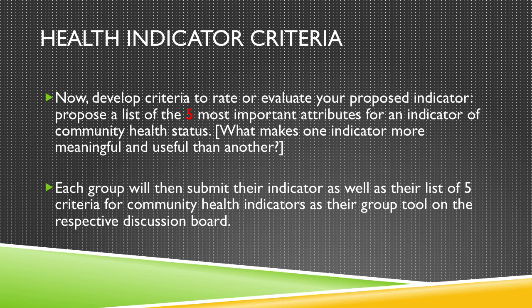Your tool is the indicator that you've come up with, along with your list of 5 criteria for community health indicators. Be sure to upload this tool onto the respective group discussion board.